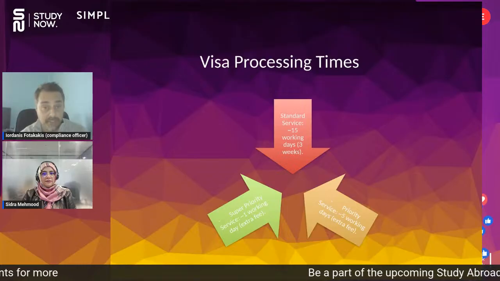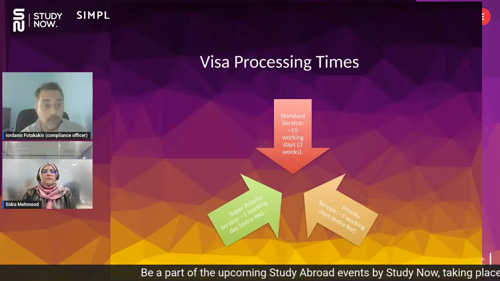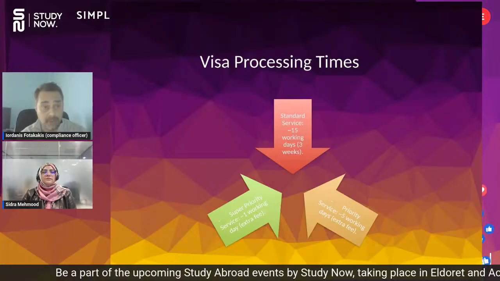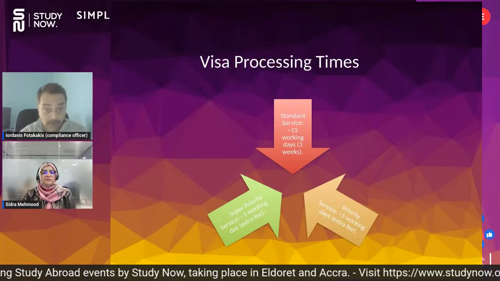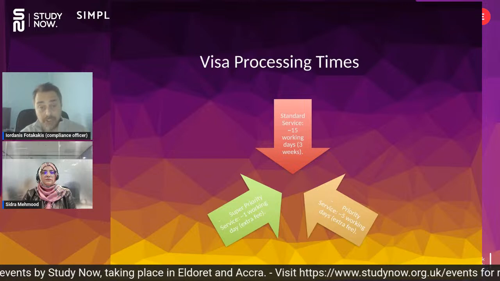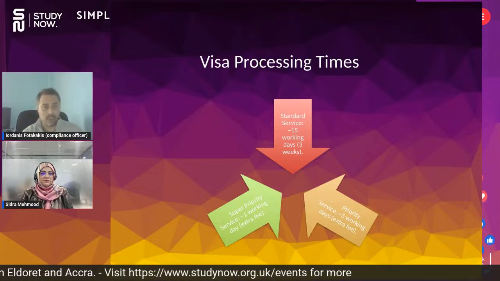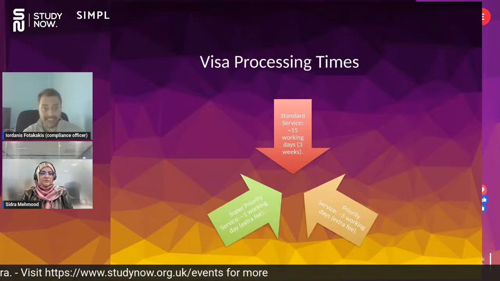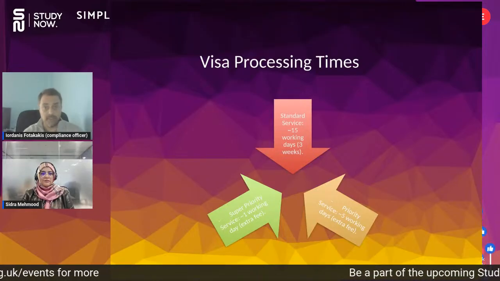So the normal standard service will be like 3 to 4 weeks later on, depending on how busy the UK immigration office is. There are options though. There is the priority service, which is 5 working days for the decision. That costs £500 extra on top of your visa application and any other service that you choose.